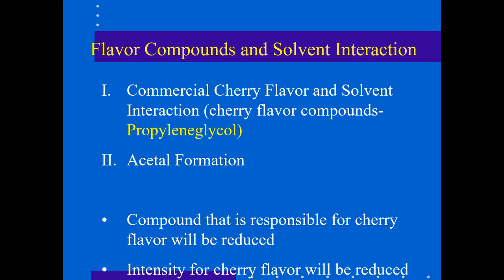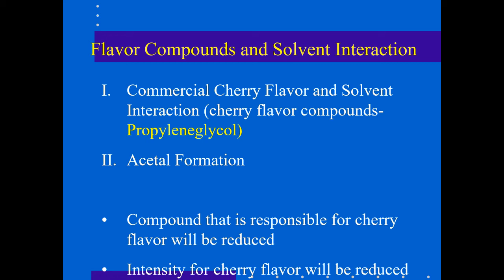Okay, next we look at flavor compound and solvent interaction, especially during storage period. One example is commercial cherry flavor stored together with solvent like propylene glycol. During the storage period, interaction will happen, and this will lead to the formation of acetal.